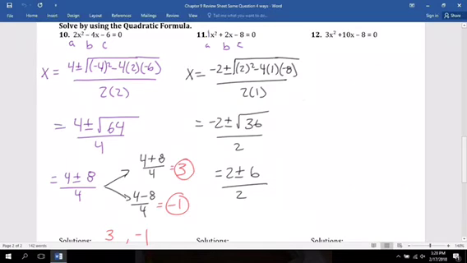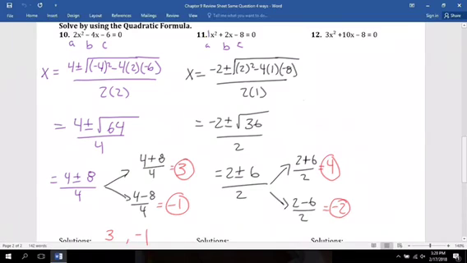I'll create my two equations, and in this case I've got 2 plus 6 over 2. Well, 2 plus 6 is 8, divided by 2 is 4. And then for the other one, I've got 2 minus 6 over 2. So 2 minus 6 is negative 4. Negative 4 divided by 2 is negative 2.